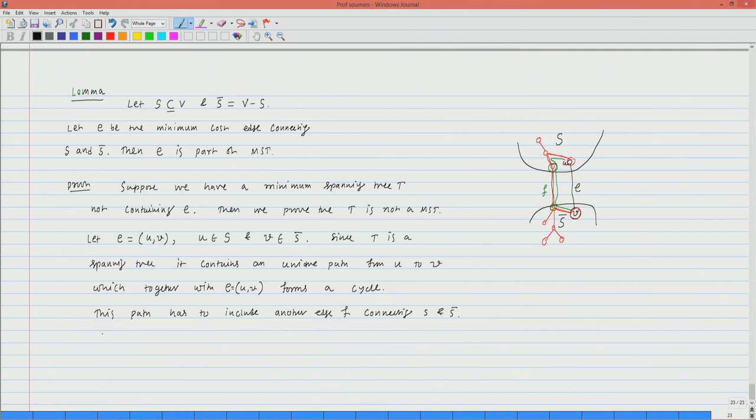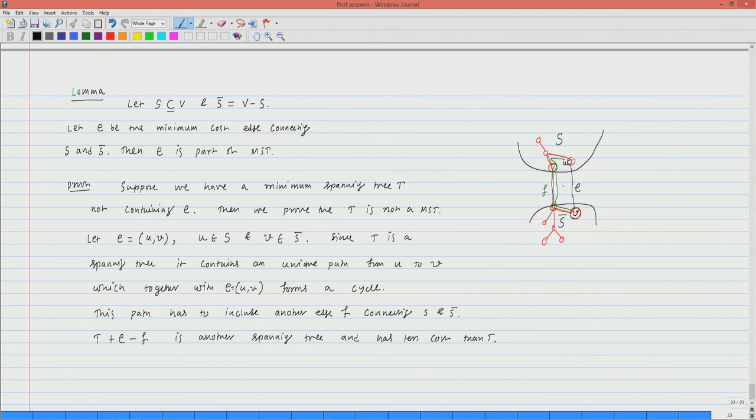Now, we will form another tree which has cost less than T. That tree is T plus E minus f, another spanning tree, and it has less cost than T, right.